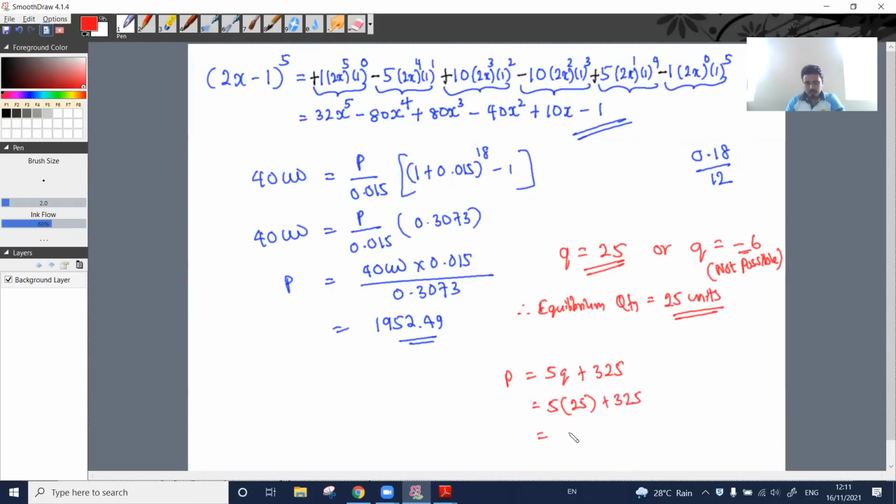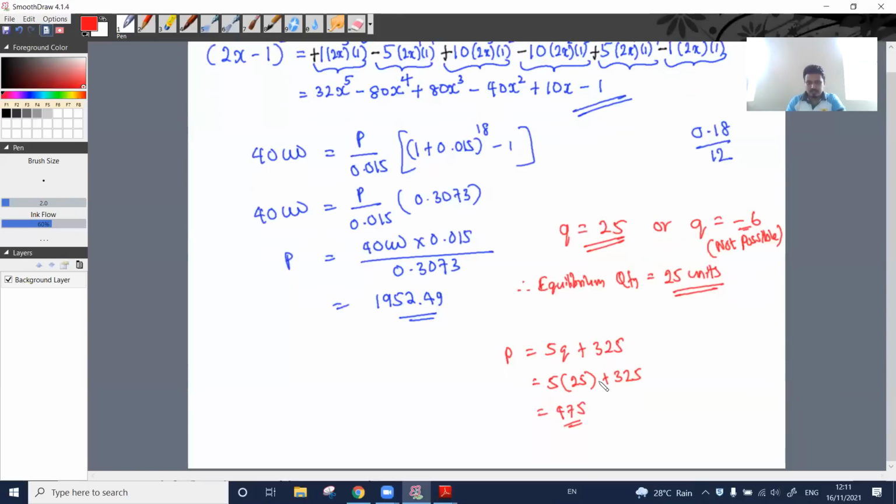So it should be what? 475. Therefore, equilibrium price equals 475 rupees. It is more complete there. Right?